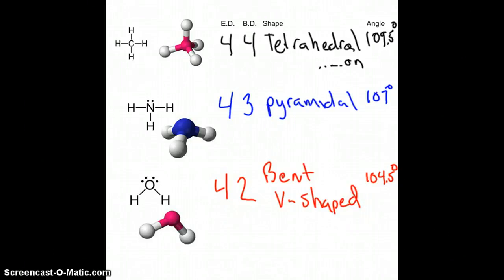Now the last one in this series, as you can guess, is going to be something like this guy, where you have 4 electron domains and 1 bonding domain, and this thing is linear, it's a line.